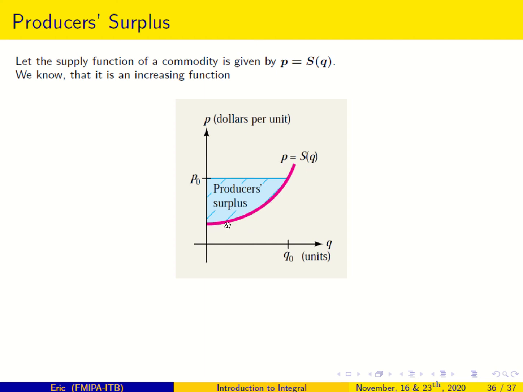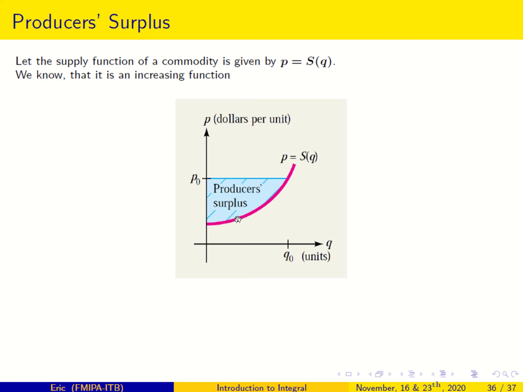The area under the supply function curve S(Q) is the profit that the producer is expected to receive when producing Q0 units at unit price P0.